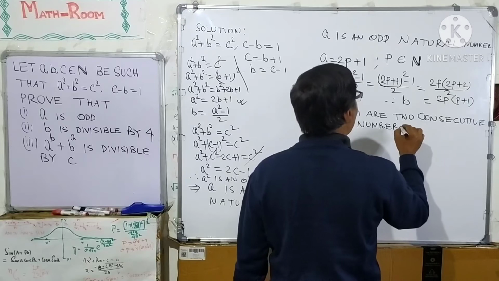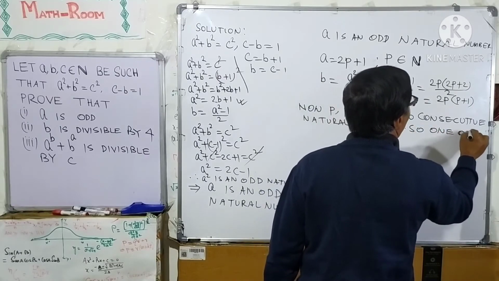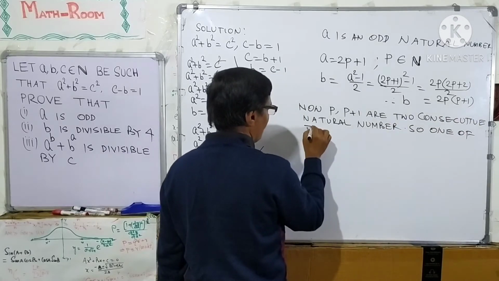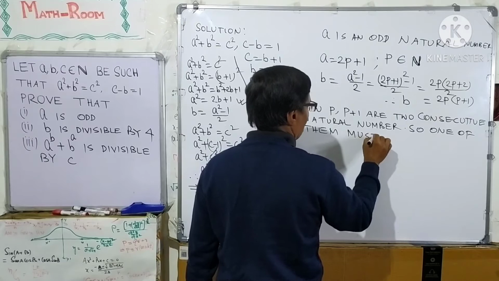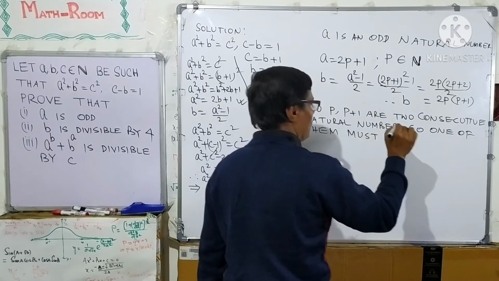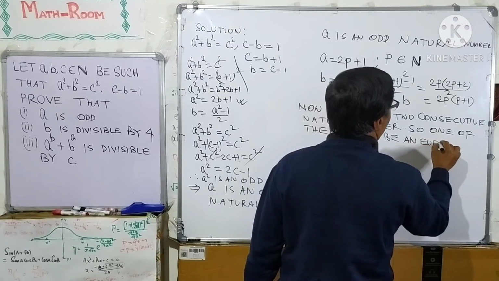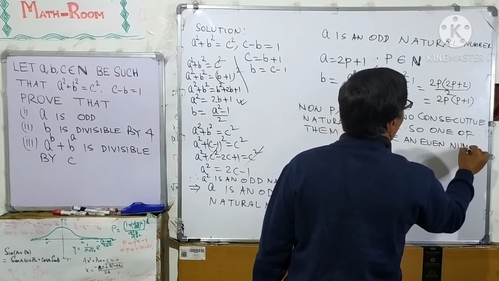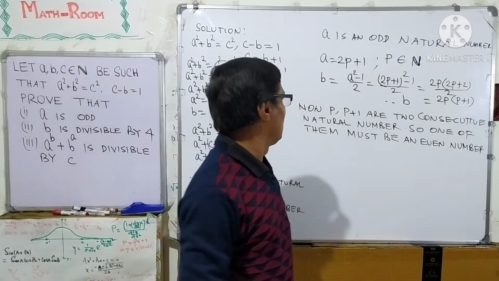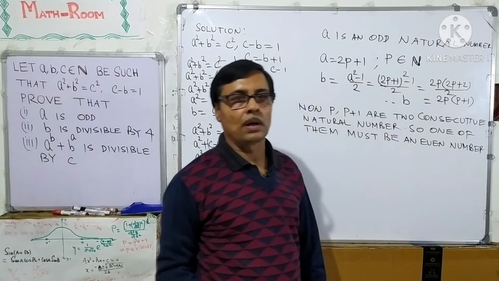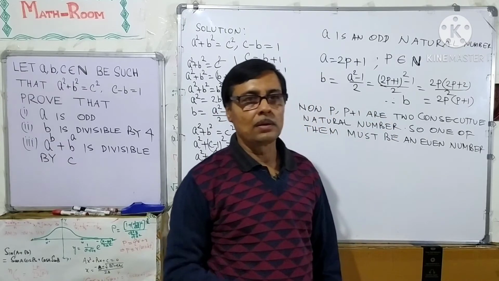So one of them must be an even number. As p and p plus 1 are two consecutive natural numbers, one of them must be an even number.